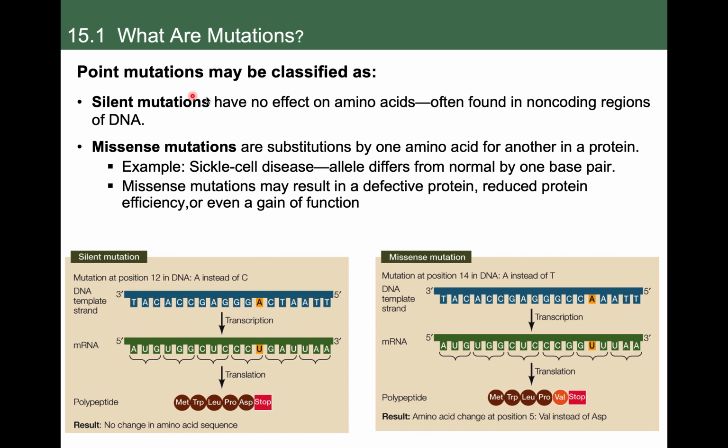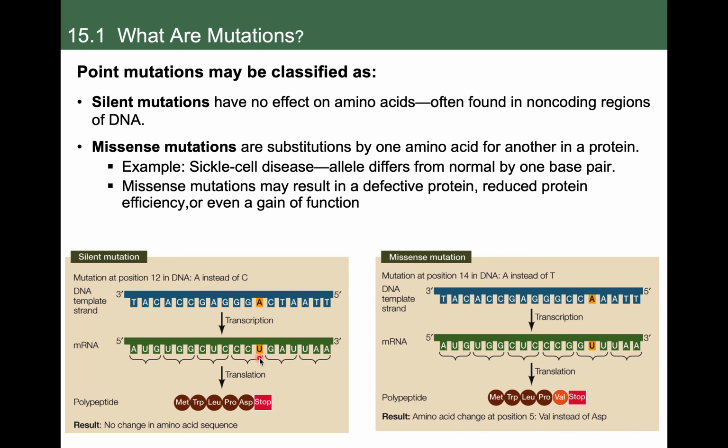Now, there could be different flavors of point mutations as well. Point mutations could be silent, just as we talked about before. This would be a change to a single base, as you see in the picture on the left side of the screen. We've changed this one base in the gene, marked in yellow here.